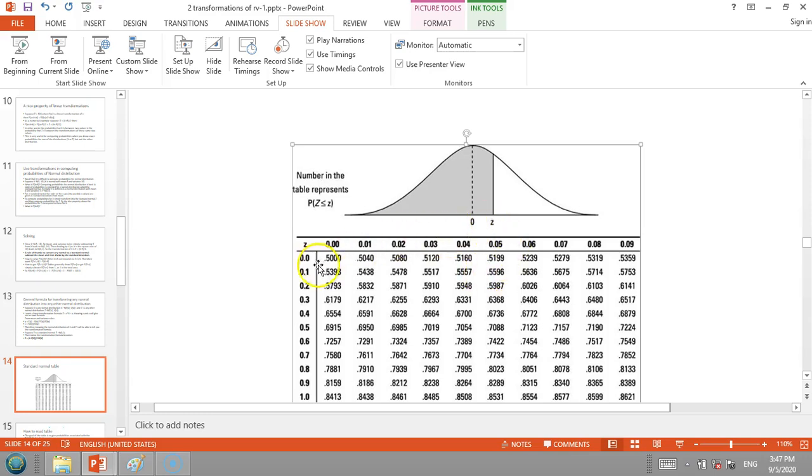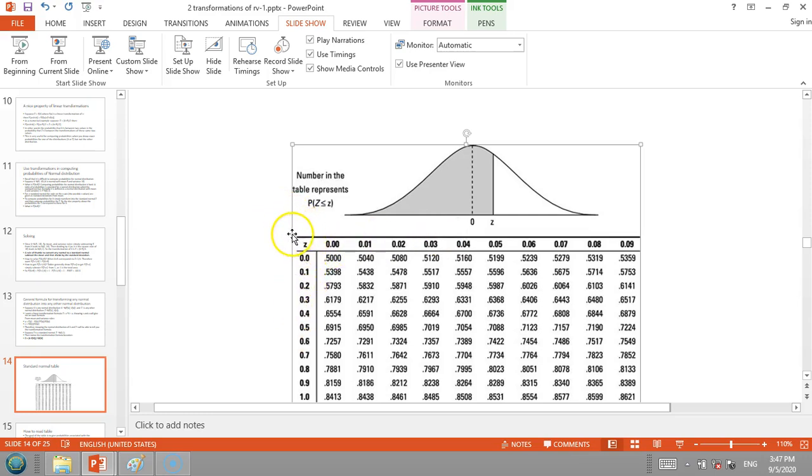So if my z is 0.15, the probability to the left is going to be 0.5596, or the area to the left here. Okay? Do you understand this now? Okay. So the precision is on this axis, on these columns. Here is the precision. Here is the basic z.